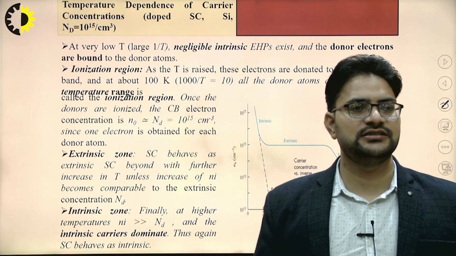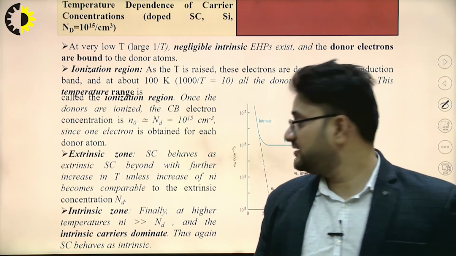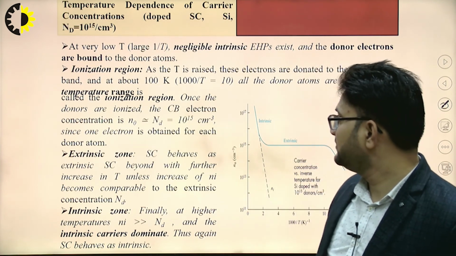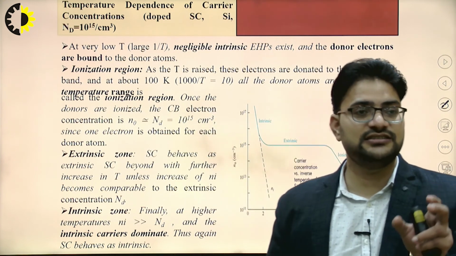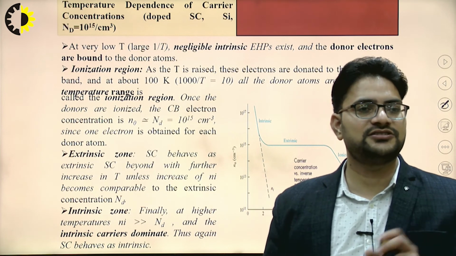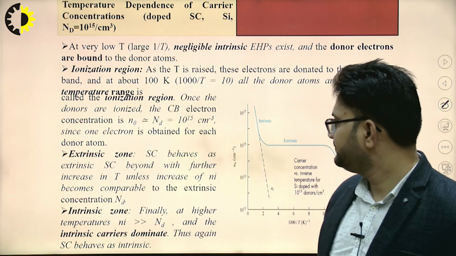So this is the temperature range at which the donors are ionized. This region is called the ionization region.